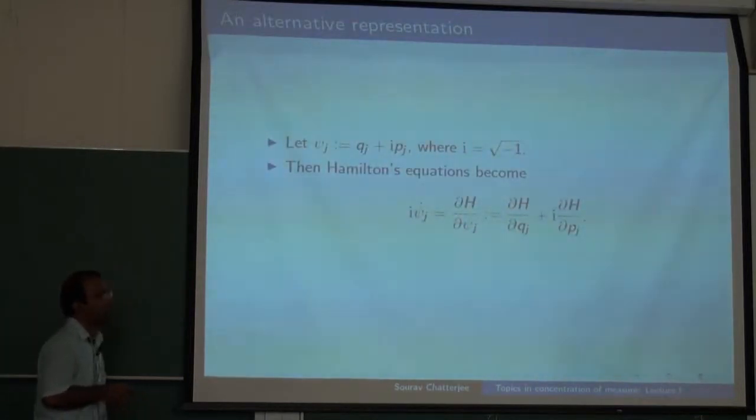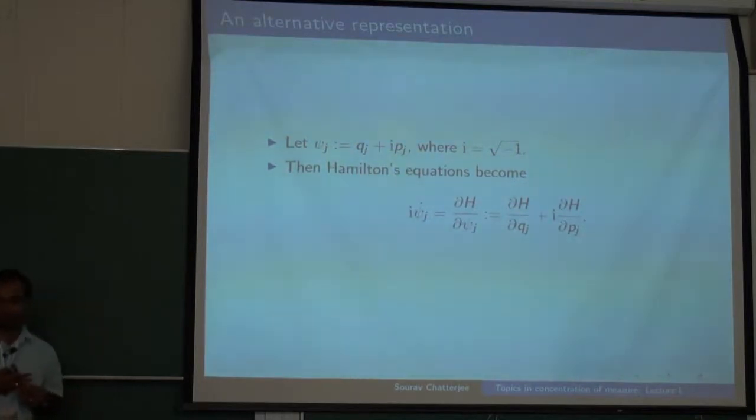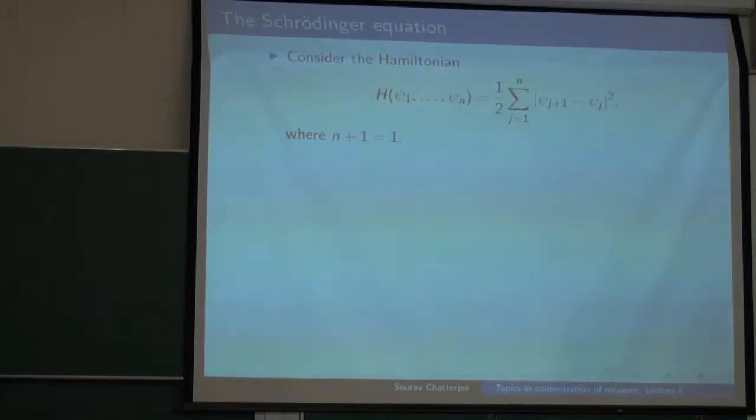Okay. So an example in this complex setting. Consider the Hamiltonian H of psi 1 to psi n as the sum of the modulus squared of psi j plus 1 minus psi j, where you are identifying n plus 1 as 1. So you're looking at the cycle, and you take the difference modulus squared, since these are complex variables.